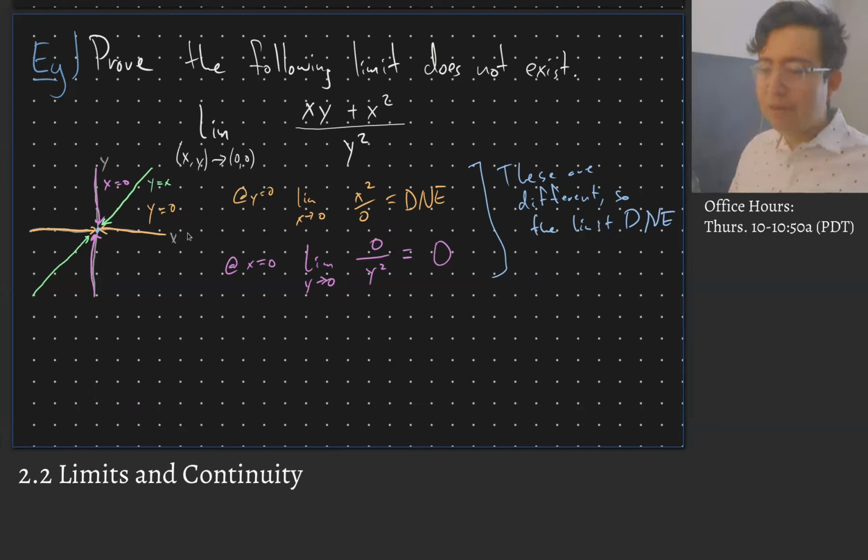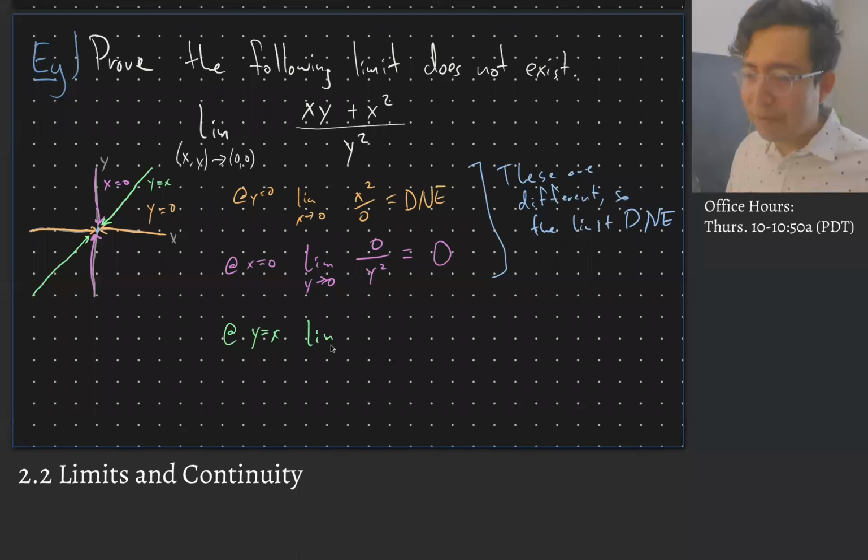So what we can do is, in our equation, set all of the y's and x's to the same thing. So you can think of this as saying, let all of your y's equal x. So then the y goes away and we get this limit as x goes to 0 of x squared plus x squared over x squared, right?